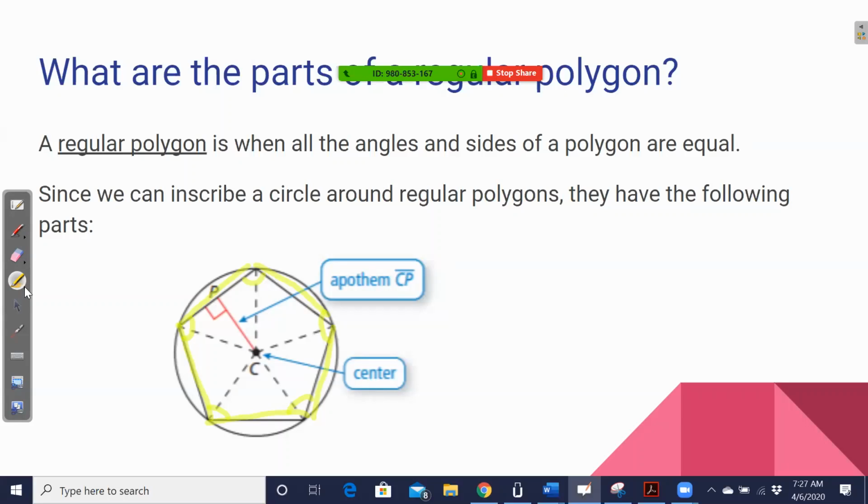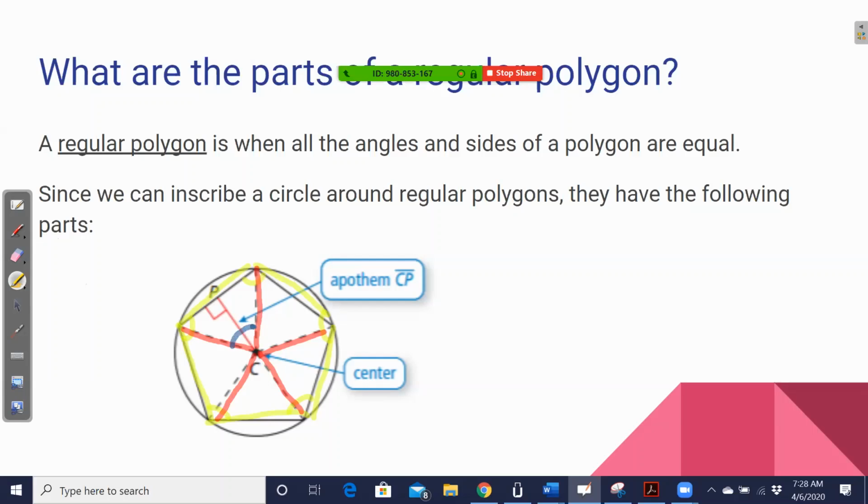By radius, I'm talking about all these dotted lines that are meeting at the center. All of this would be radii. So one would just be a radius, many would be radii, that's the plural form. And when we're talking about a central angle, we're talking about the angle formed when 2 radii meet.